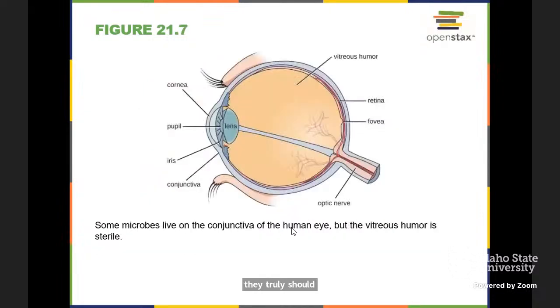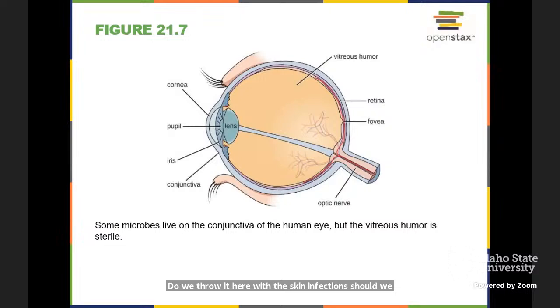So I think we also mentioned a little bit about the eye. We'll get some more. And this, I'm kind of torn. Where do you put the eye when we're trying to talk about body sites? Do we throw it here with the skin infections? Should we slap it into the central nervous system infections?